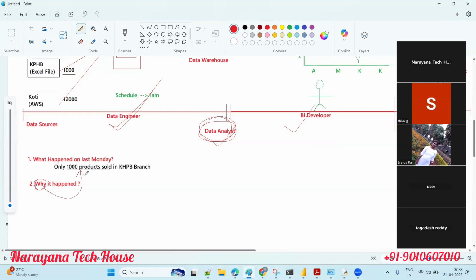What is the reason? Is it because of high prices in the store, or because the employees are not explaining to the customers properly? Or is it because the store is located far away from the families, or because only students are going to the store, enjoying the AC and coming out?